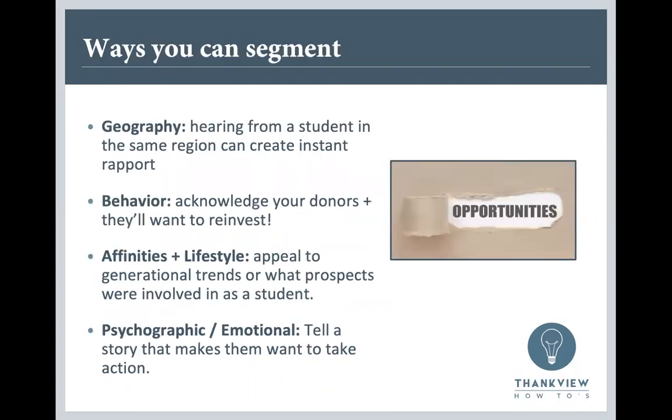So before we go into how to A/B test, we can really talk about ways that you can segment. And these may seem very obvious, but I really wanted to make sure that we touched on some basic examples because it may not be extremely top of mind at your organization. First and foremost, geography. Hearing from a student in the same region can create instant rapport.